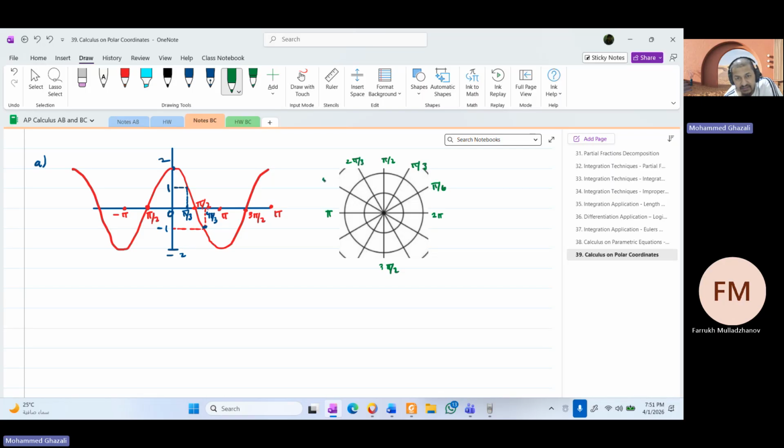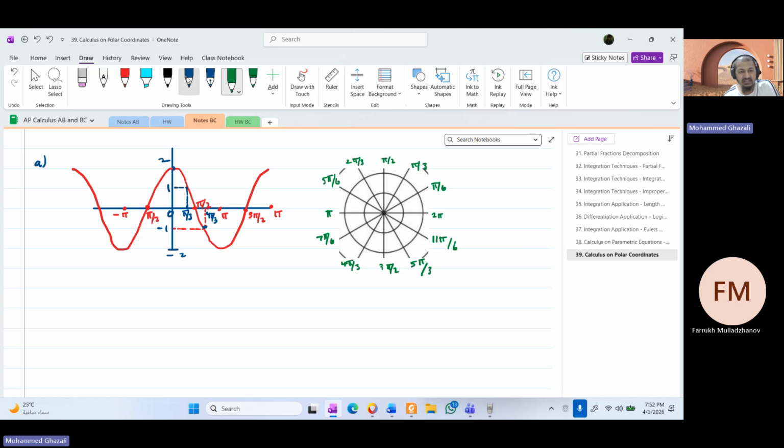That's 5 pi by 6, 6 pi by 6, 7 pi by 6, 8 pi by 6, that is 4 pi over 3, right? 9 pi by 6, 10 pi by 6, that's 5 pi over 3, and 11 pi by 6. All right, so those are all the pi lines.